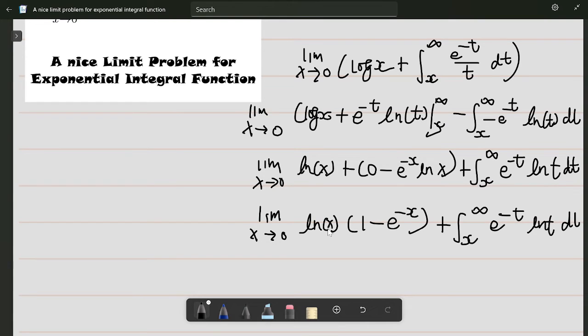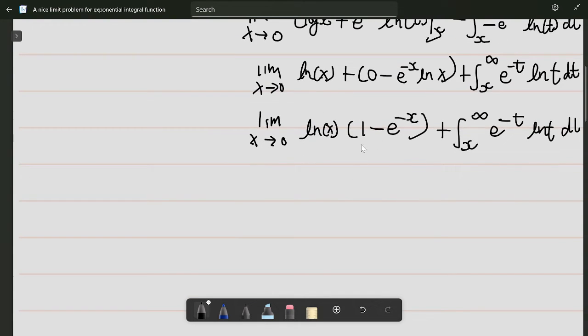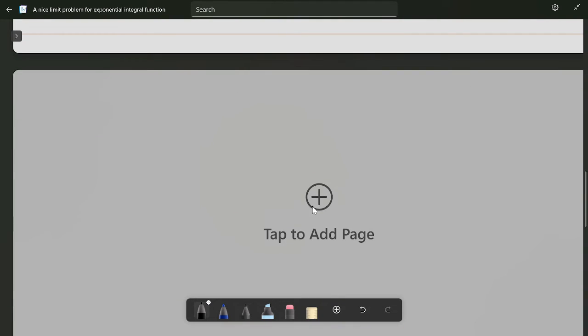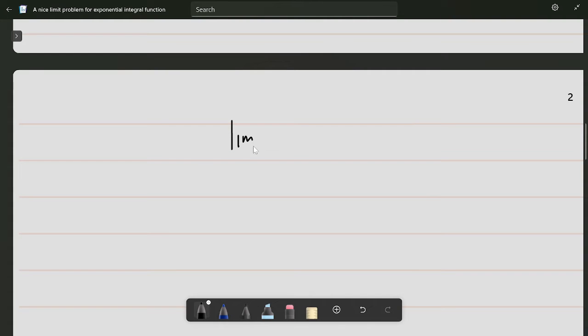Now this is 0 times infinity, so you need to take the limit for this expression. Let's try to use L'Hopital's rule. Okay, so we have the limit as x tends to 0 of ln x times 1 minus e to the power minus x. Let us first convert it to infinity by infinity form so that we can use L'Hopital's rule.